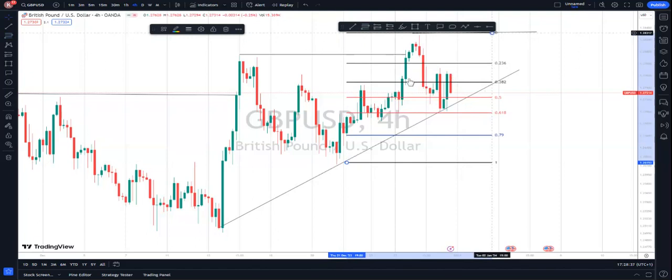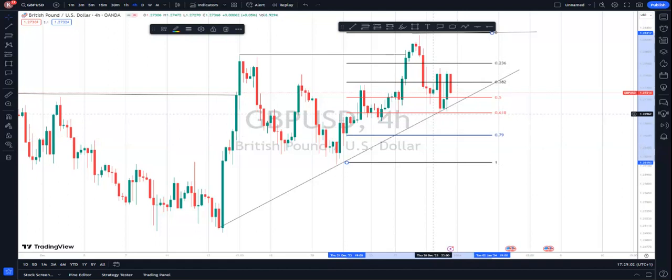Judging from this, this particular zone is a golden zone for us because GBP has retraced almost to it. These are the two golden zones I always look out for, but majorly I have my high concentration on the golden zone, which is 0.618 and 0.79. These are the major golden zones for me.